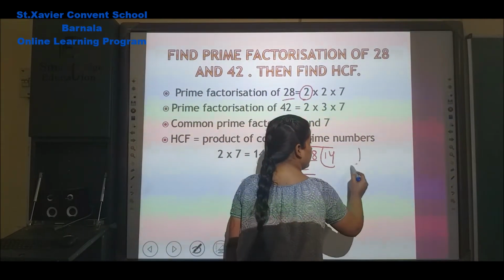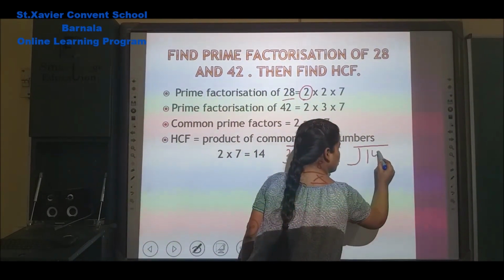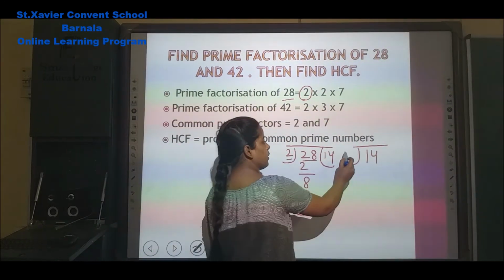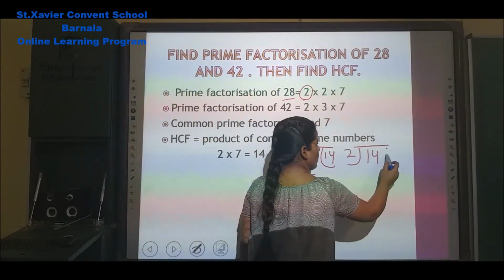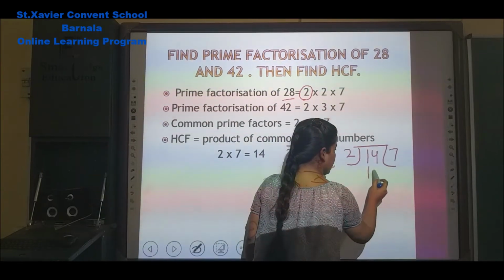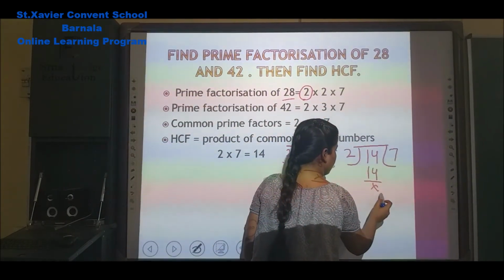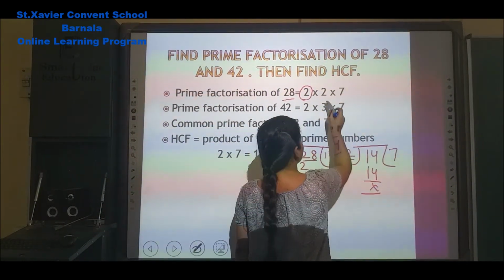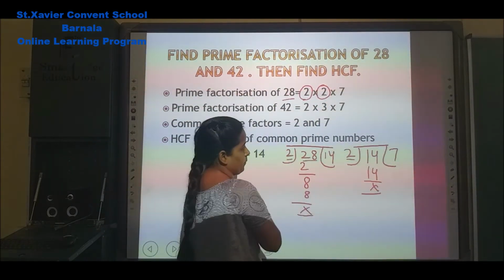After that we divide 14 by the prime number 2 to get 7.